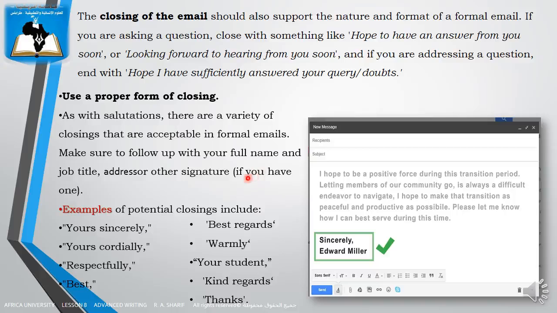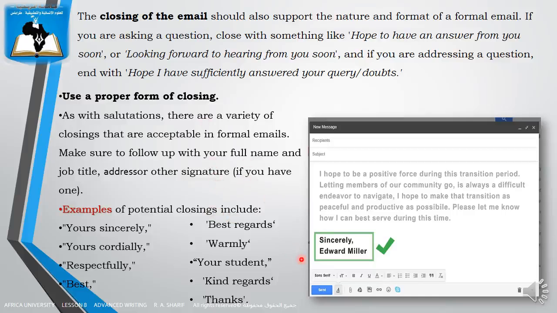Okay, I need to clarify one point: if you are writing on behalf of, or as an employee of, an institution, make sure to mention the institution or the company that you work in, along with adequate contact details, okay?